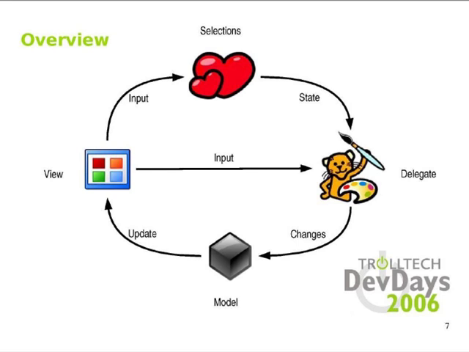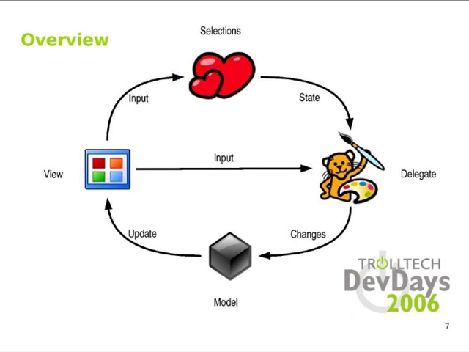Okay, and then at the top, the hearts, that's the selections. That's the part that's responsible for storing the selected state of your items. So we have actually separated the selected state from the presentation, which gives us some benefits that I'll show you later.